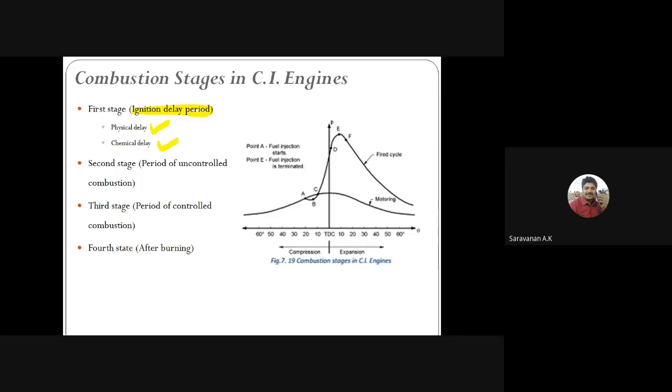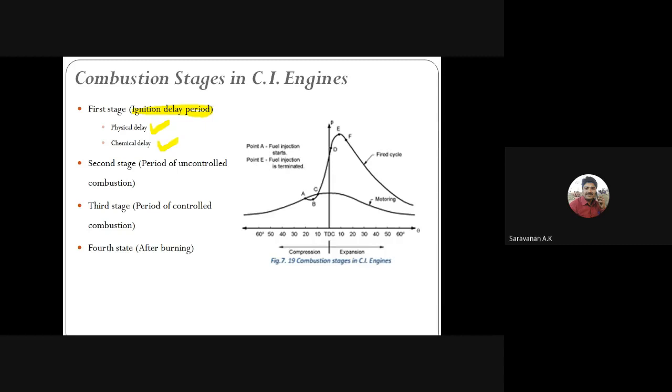Once the physical delay is over, the fuel has to auto ignite and the flame has to appear. That time period is called the chemical delay.